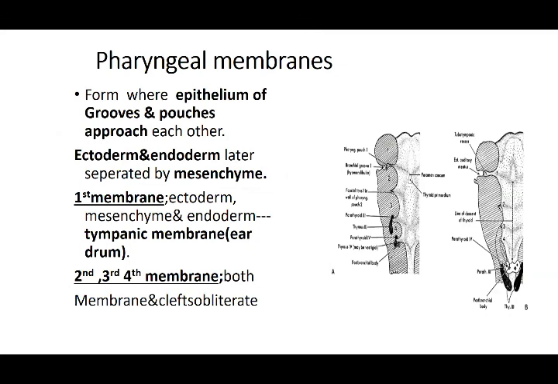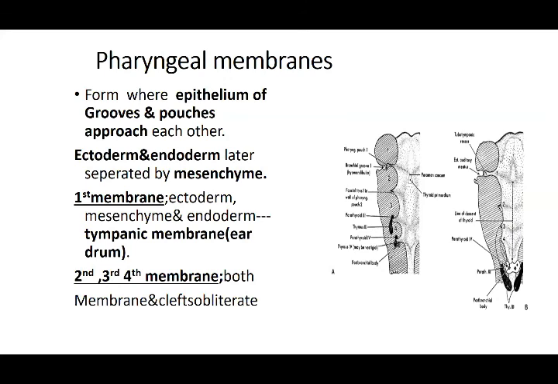Where these three meet, that is called the membrane. This only develops in the first membrane, which gives rise to the tympanic membrane, because it is contributed to from the outside by the ectoderm, from the inside by the endoderm, and in the middle by the mesenchyme. So all these three layers form your eardrum.